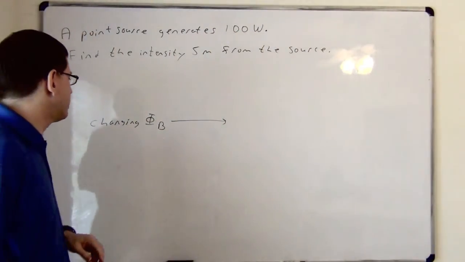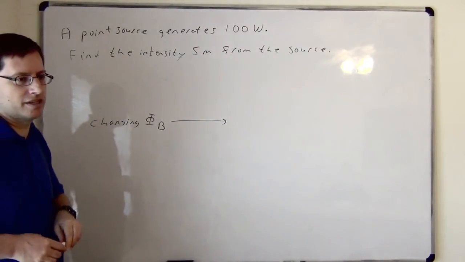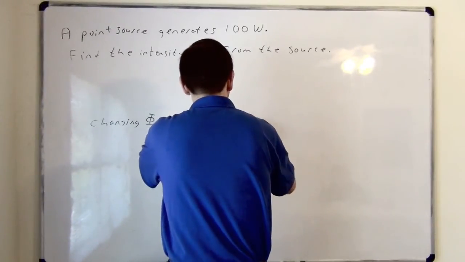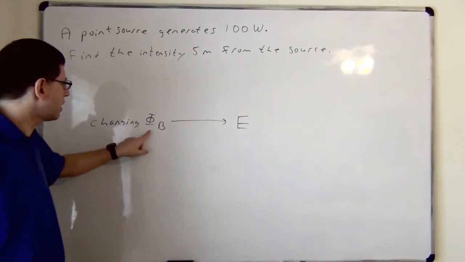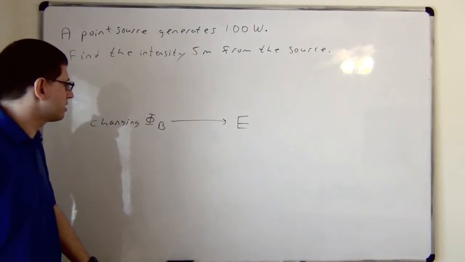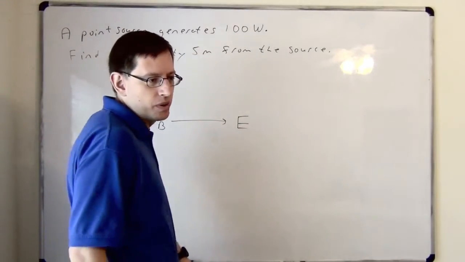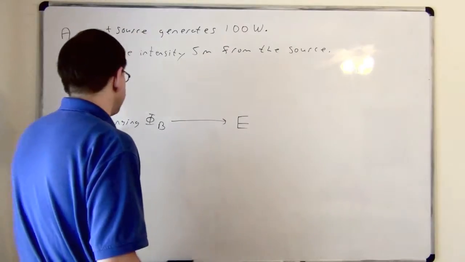That's not the fundamental thing that the changing flux creates. The fundamental thing the changing flux creates is an electric field. The changing magnetic flux creates the electric field, and that's what causes the current.